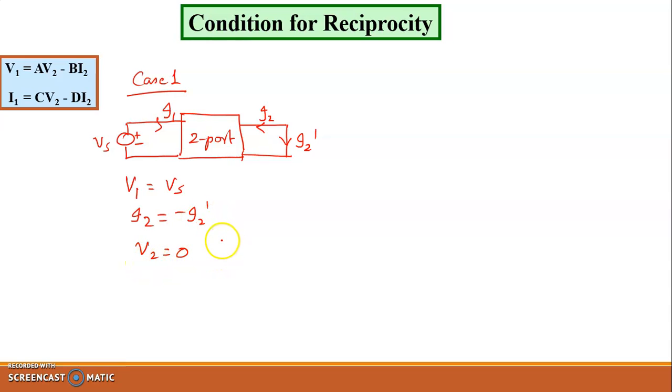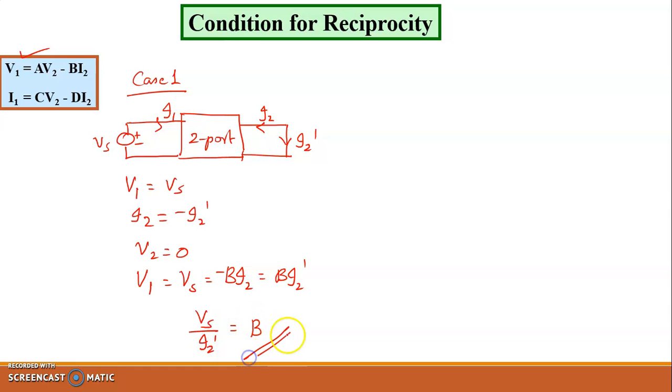Therefore, from the equation, I can write V1, that is Vs, is equal to minus B into I2, that is the same as B into I2 dash. So Vs by I2 dash is equal to B.